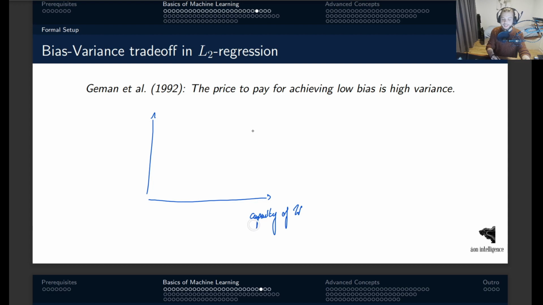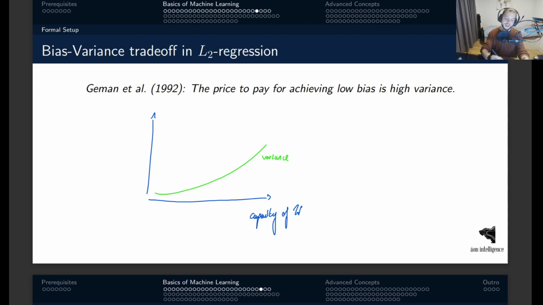And the basic idea is that as the capacity of H increases, so does the variance in our bias-variance decomposition. So this is the variance. But in underfitting, we've seen that if we go for a lower capacity of H, then we end up with a model class where no models in it do the data generating process truly justice.